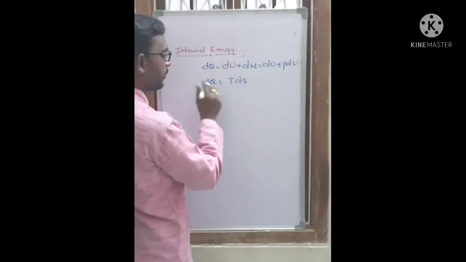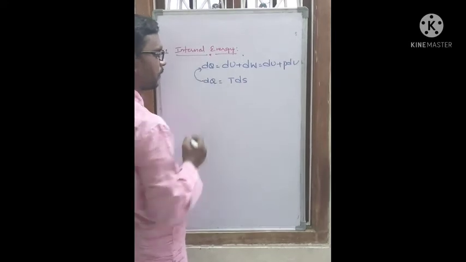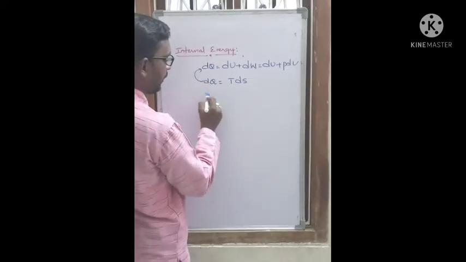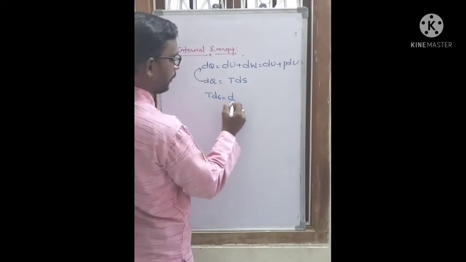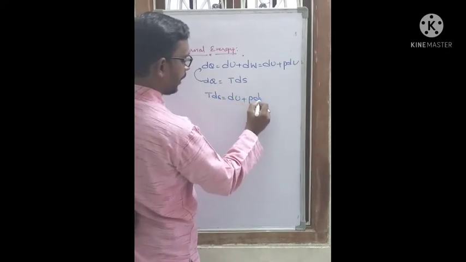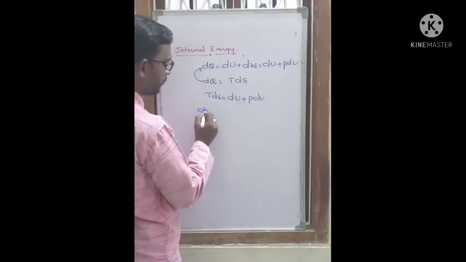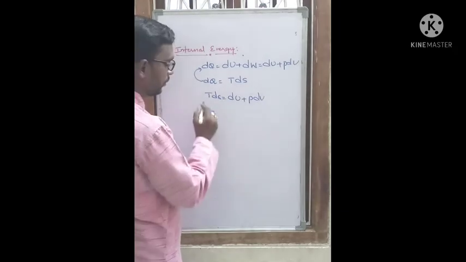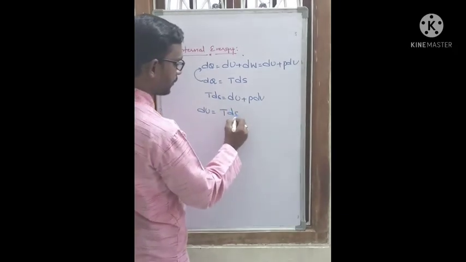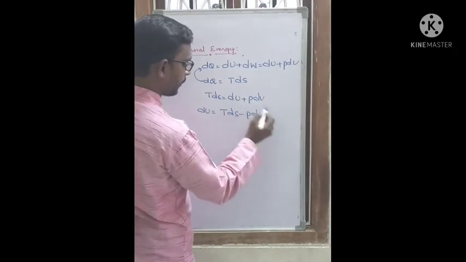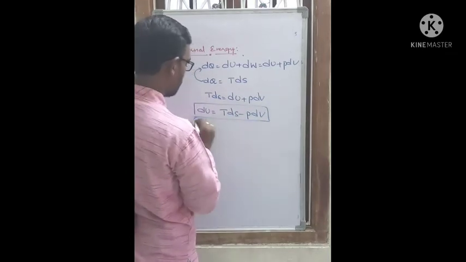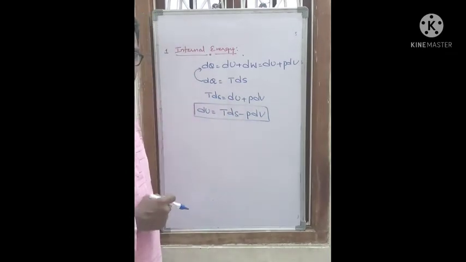Tds. Substitute this in the first equation, then we'll get tds equal to du plus pdv, and with the help of this equation we'll get the change in internal energy du equal to tds minus pdv. Understand? So this is a very important equation, the change in internal energy, right?